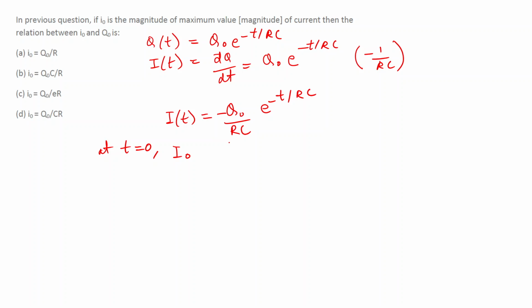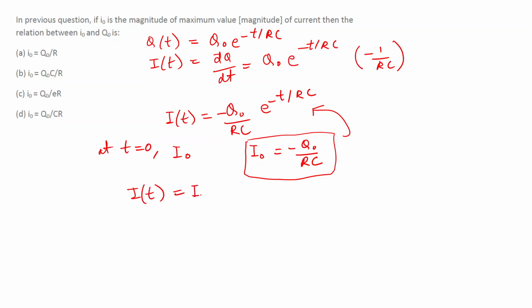When we put this boundary condition in this equation, at t is equal to 0 the current is I naught, equal to minus Q naught over RC, and t is equal to 0 means e to the power 0, which is 1. So minus Q naught over RC is actually I naught. Putting this value that we have obtained here, I'll get the expression for current as I naught e to the power minus t over RC.